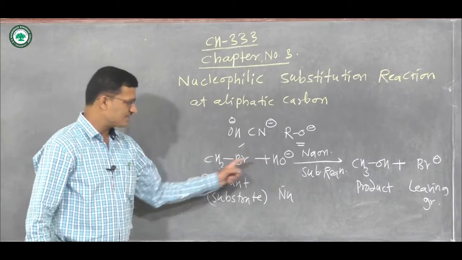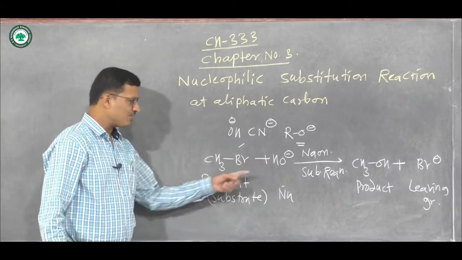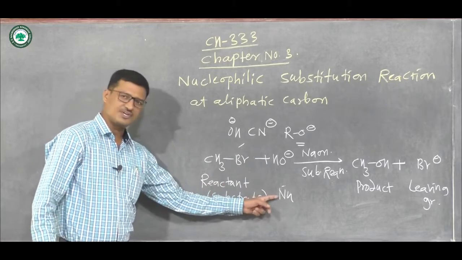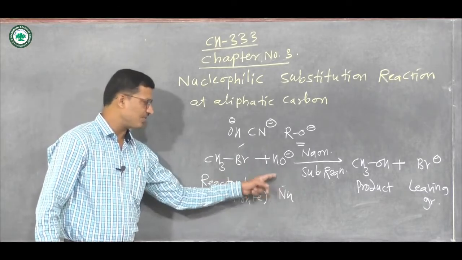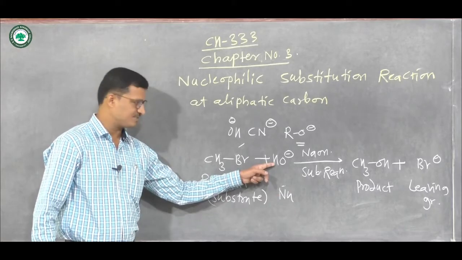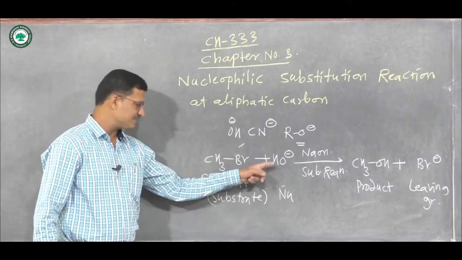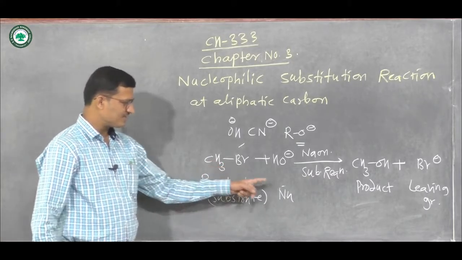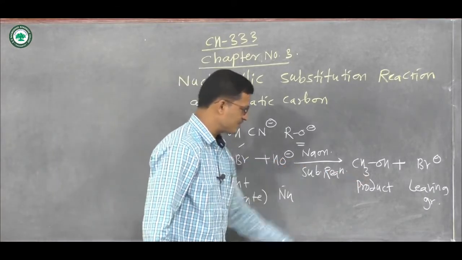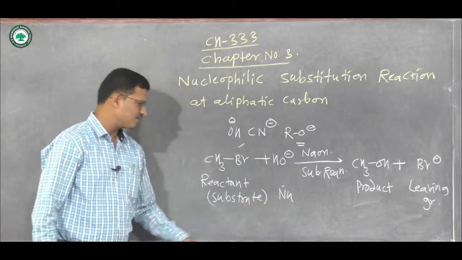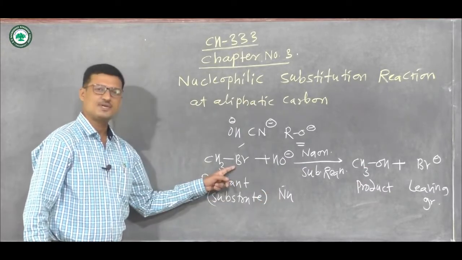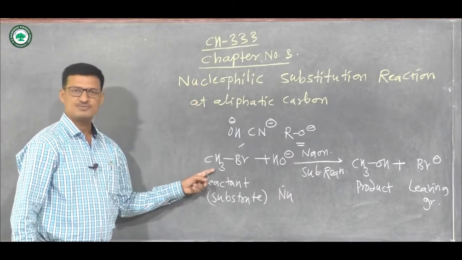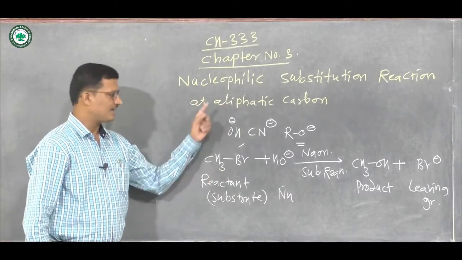So this is a nucleophilic substitution reaction. Why do we call it a nucleophilic substitution reaction? Because this is your reagent, and the reagent has the nucleophile OH minus, an electron rich species, and this species replaces Br. So that's why, instead of Br, in the products we write OH. Means the nucleophile from the reagent replaces Br, and that's why this reaction is called a nucleophilic substitution reaction at aliphatic carbon.